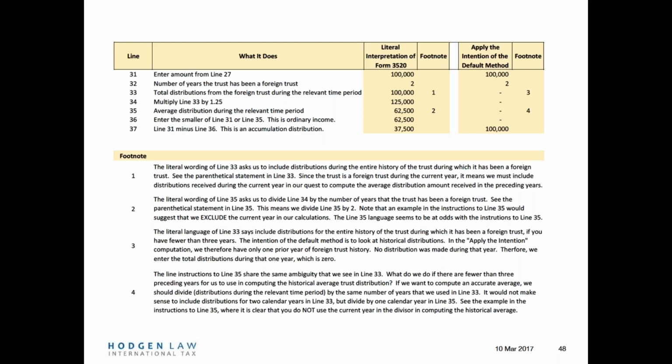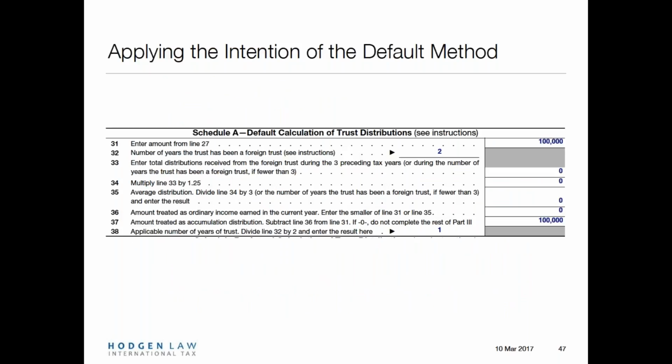Let's go backwards in time to slide 47. The instructions to Form 3520 Schedule A for the default calculation method say, for line 32, if this is the first year of the trust being in existence, do not complete the rest of Part 3 of Form 3520.